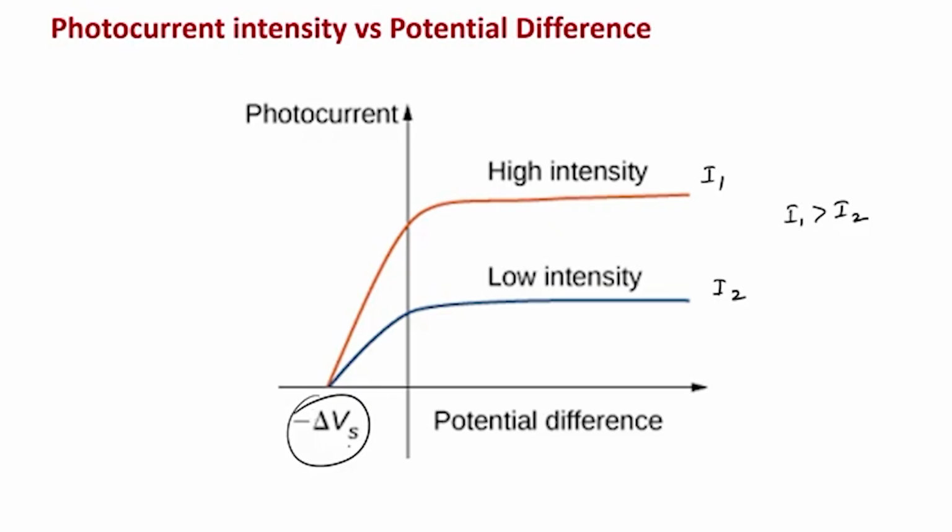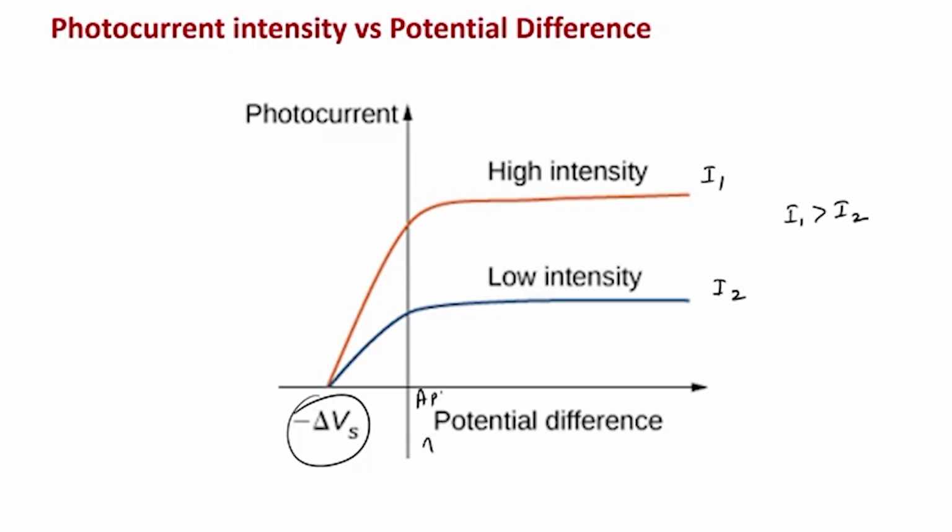And not only that, if you increase the potential difference, the photocurrent increases linearly at the beginning, but then it saturates at large potential difference. So, this photocurrent has no dependence on the potential difference applied between the metal plate and the anode. Okay. This is the applied potential difference.